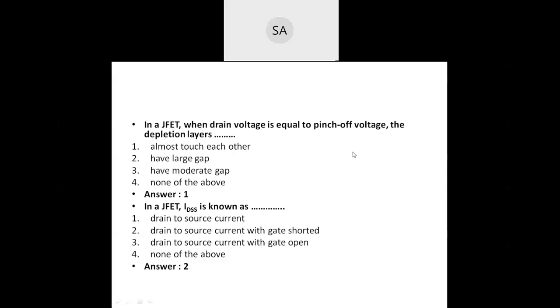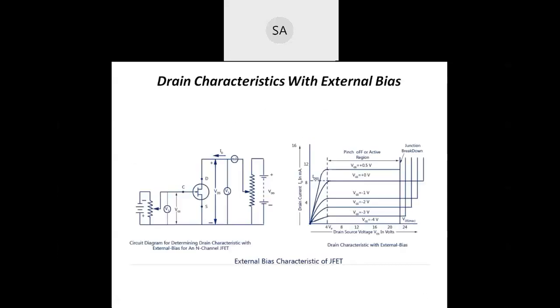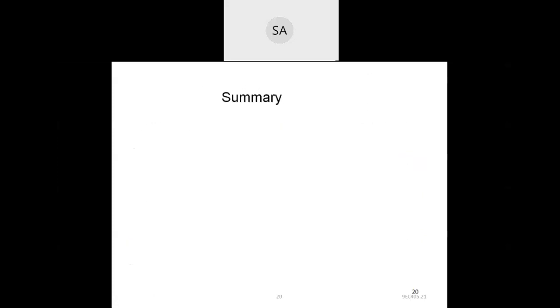So from the characteristics also we can identify this point, the drain to source voltage. IDSS means drain to source current when VGS is shorted, that is, VGS is short circuited. So that is the point in this.